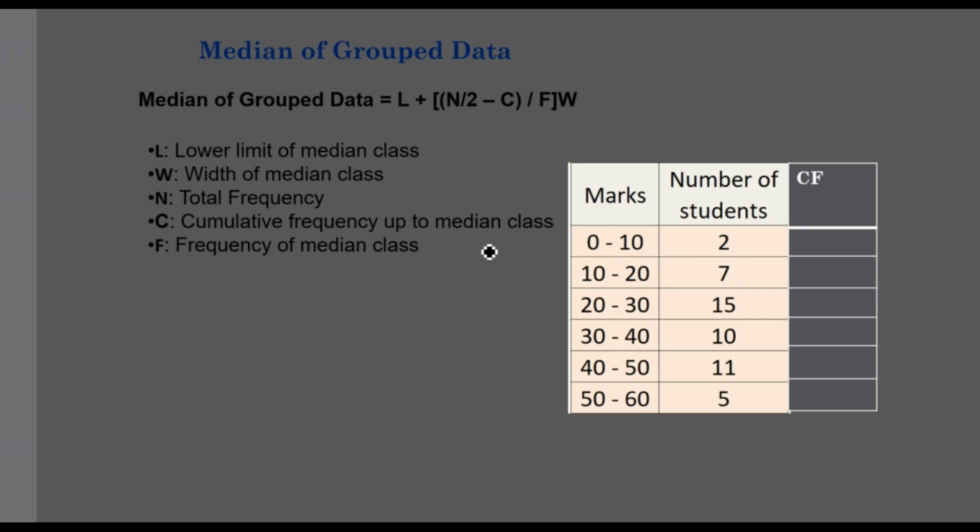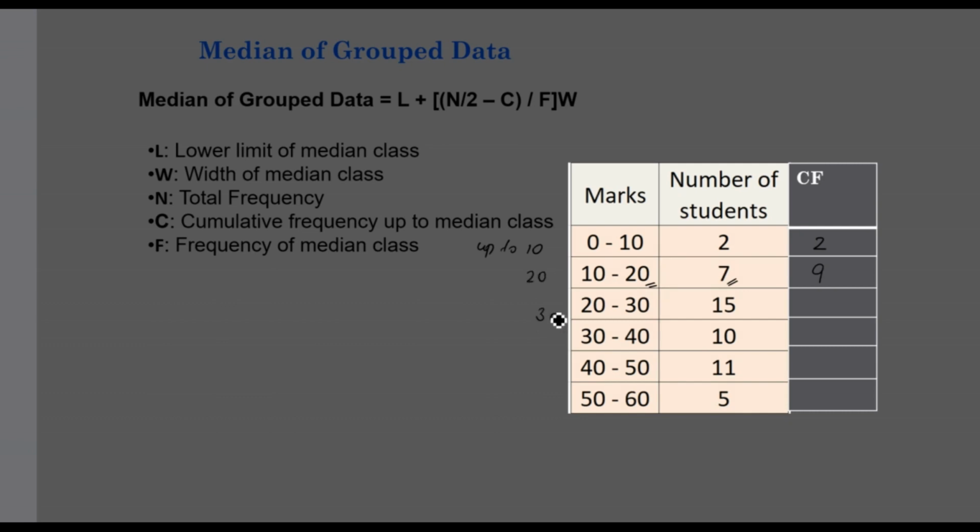So up to 10, 2 students scored. Then up to 20, how many students scored? Between 10 and 20, 7 students scored, so 7 plus 2, total 9 students scored up to 20.